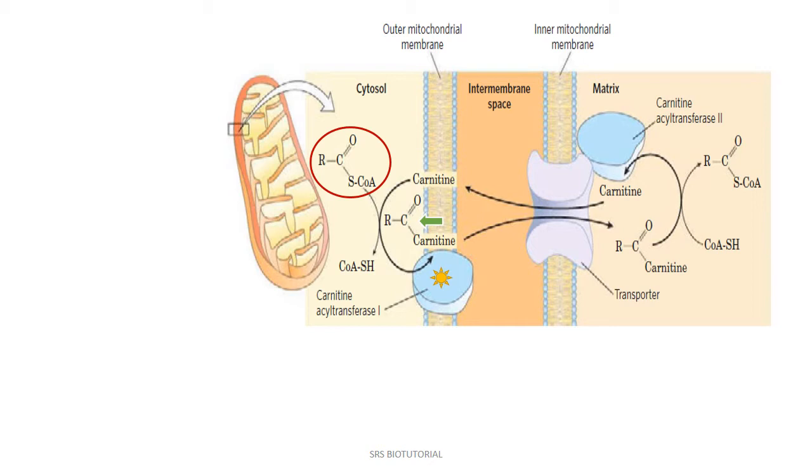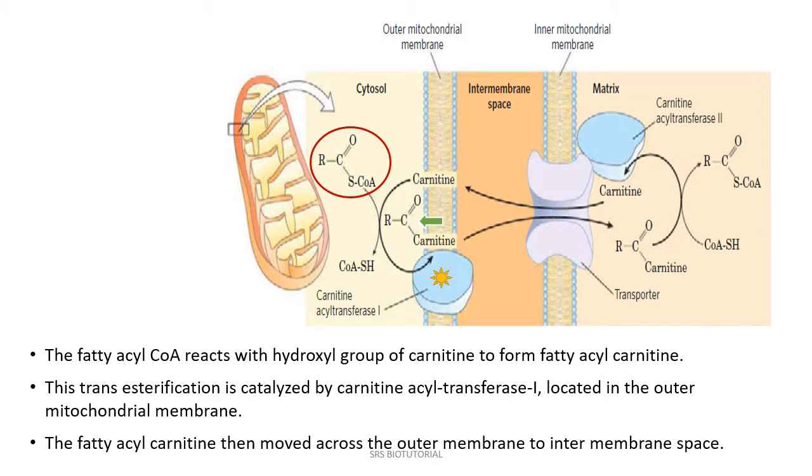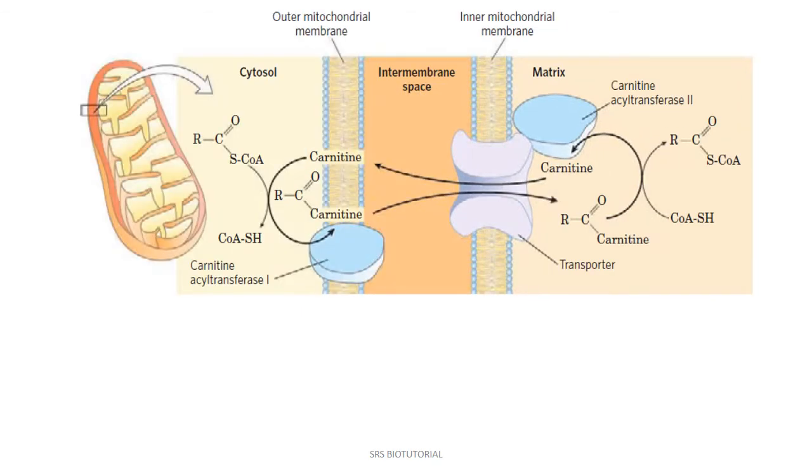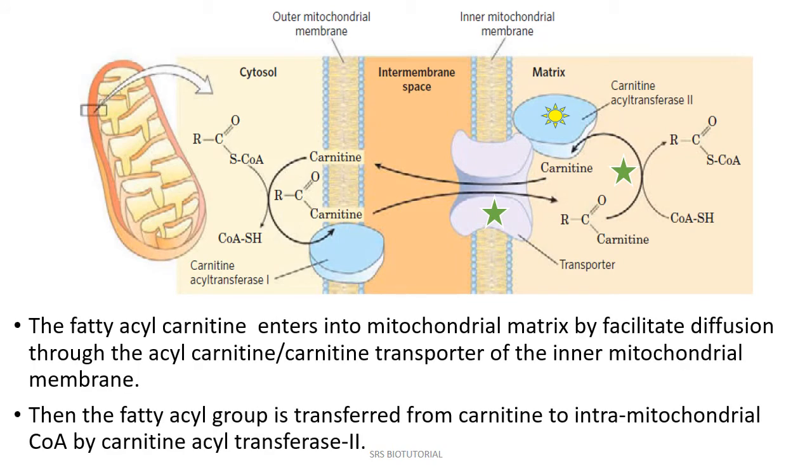The fatty acyl carnitine then moves across the outer membrane to the intermembrane space. The fatty acyl carnitine enters the mitochondrial matrix by facilitated diffusion through the acyl carnitine transporter of the inner mitochondrial membrane. Then the fatty acyl group is transferred from carnitine to intramitochondrial coenzyme A by carnitine acyl transferase 2.